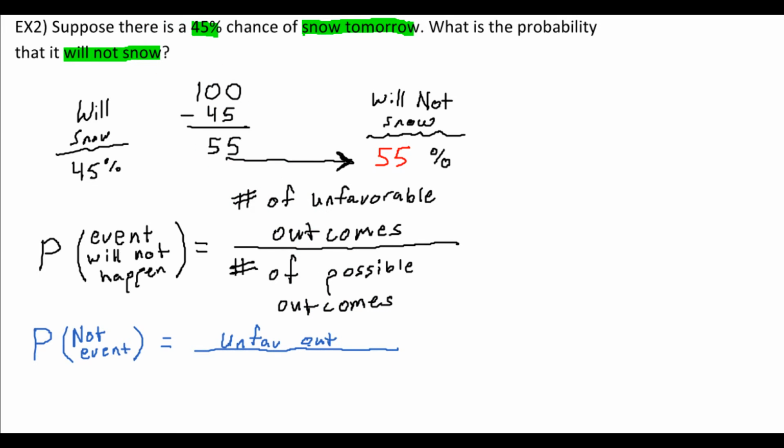So we have our unfavorable outcomes on top. We can write it as unfav outcomes, or you can choose whatever works for you or what your teacher likes you to write. So our unfav outcomes over our total outcomes, or the number of all possible outcomes. I'm just going to write down total outcomes here.